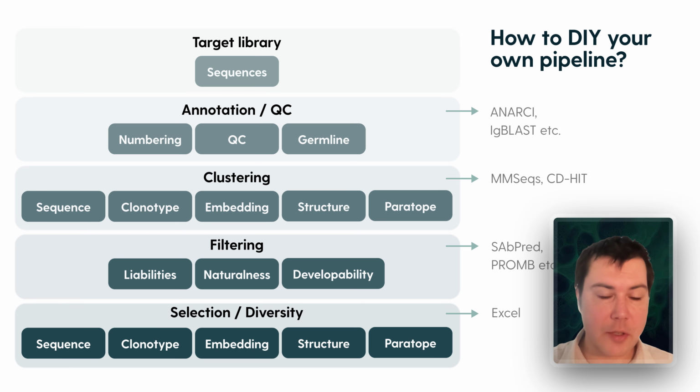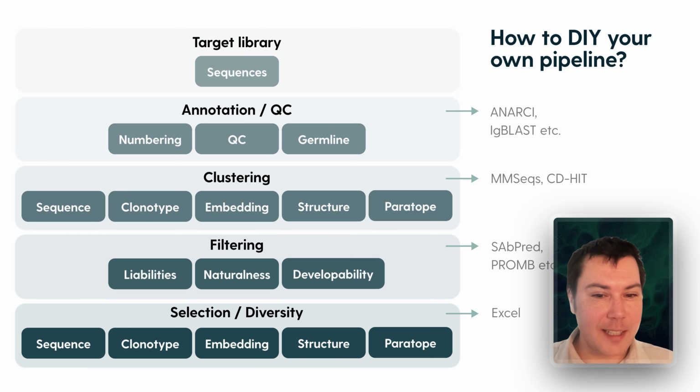Then at the clustering stage, there are tools such as MMseqs or CD-HIT that can group your sequences, but mostly using sequence. Then in terms of filtering, you need a whole number of different tools, and I'm definitely not going to list all of them here, but you can find quite a lot of them on the SubPred website, and there are tools such as Promb, BioPhi, and so on that do naturalness.